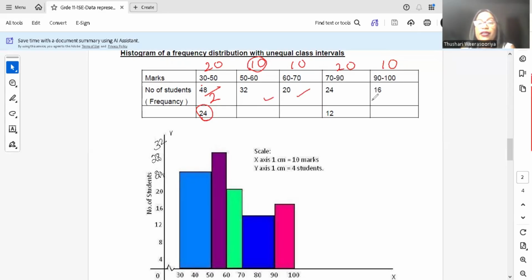We are marking this. This one, double of that. That is 10 divided by 2. If the gap is 30, divide by 3. Then you are marking 12, not 24. Then here also good. There you are marking the same. There you get, look at this 30 to 50. You are marking 24. Now we see how to draw the frequency polygon.